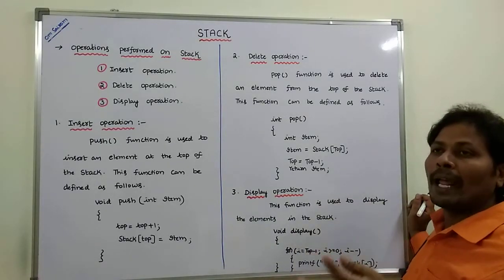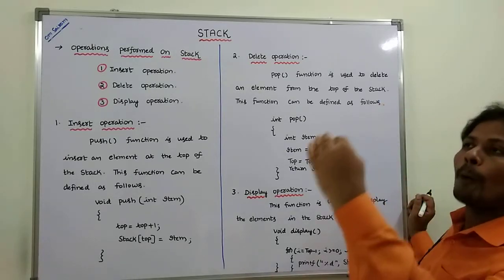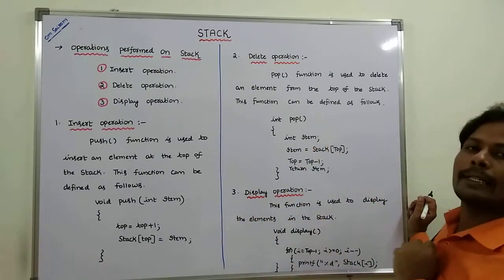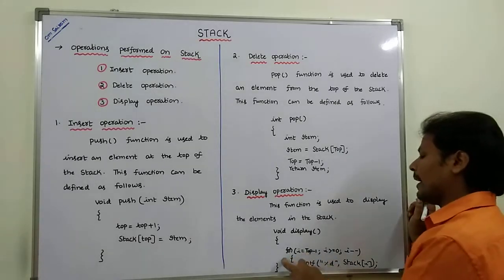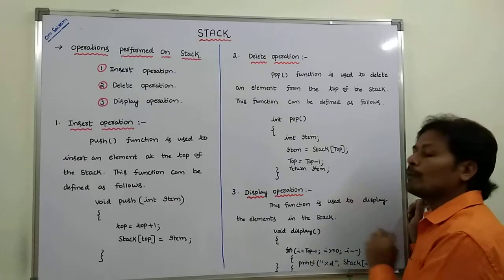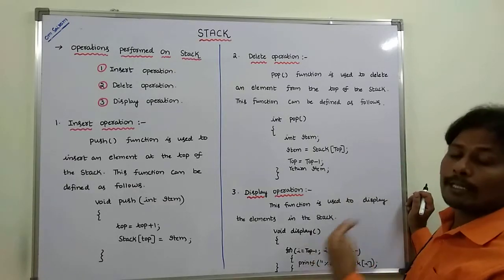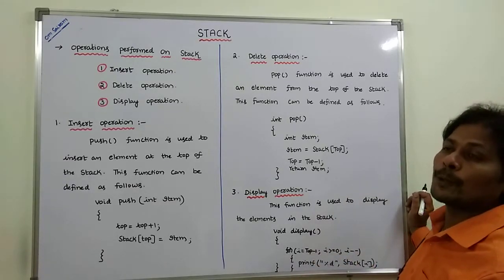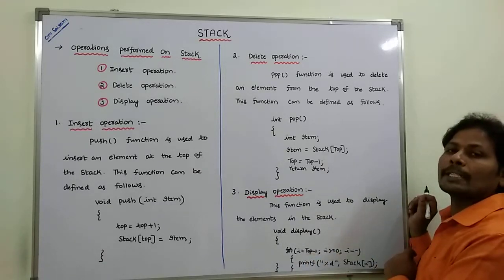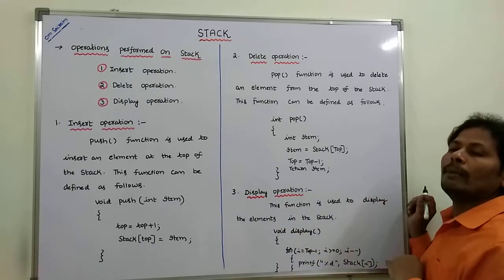Here we are displaying the elements from the top to the 0th element. So now we are starting at the top element. So for i = top - 1. Why are we using top - 1? Because we are starting with 0. So we start from i = top - 1, up to which element?